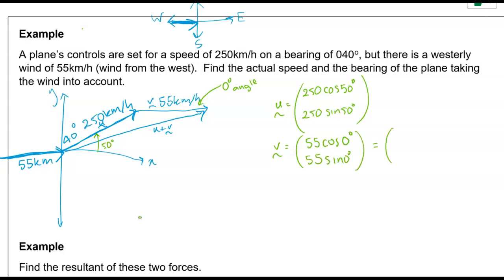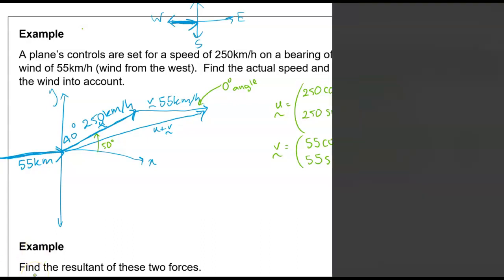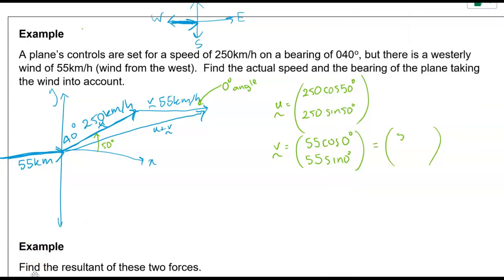Cos of 0 is equal to 1, so we'll end up with 55 as our x component. Sine of 0 is 0, so we zero out on the y component, and that makes sense because we've only got the x component because it was a westerly wind.